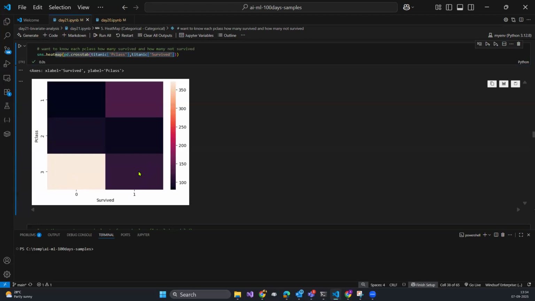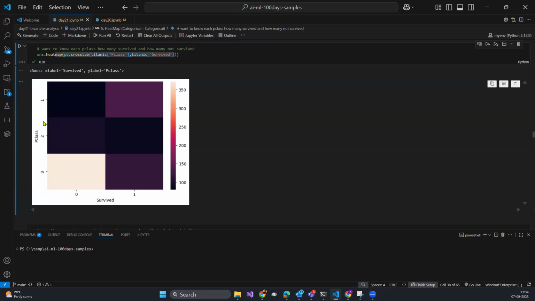But in survived and class 1, we are seeing a lighter shade, meaning in class 1 there were more people who survived compared to class 2 and class 3, right?